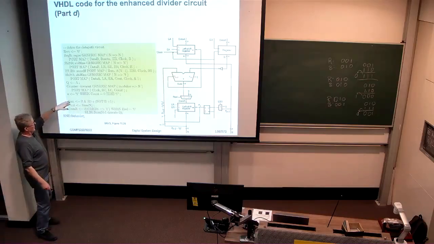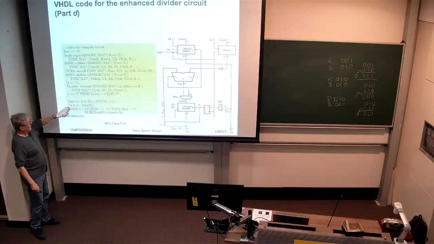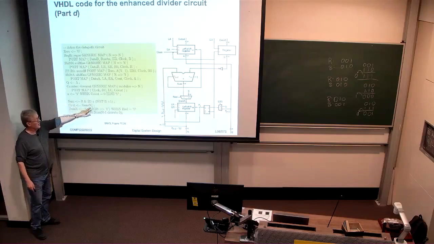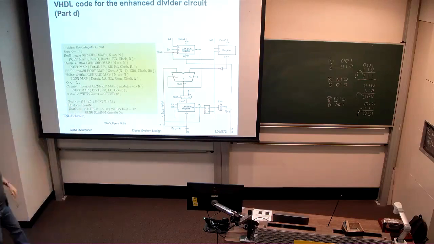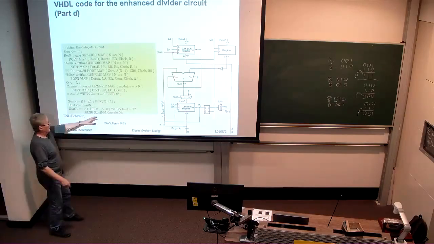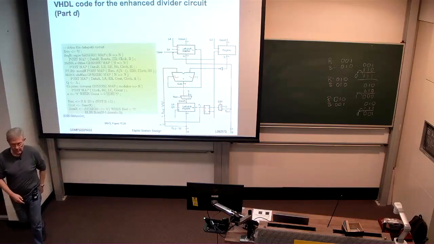So sum is an N plus 1 bit value where Cout is the most significant bit of that value sum. Finally, data R, which is the input to our R register, is all zeros when Rsel is 0, this guy here. Otherwise, it's the least significant N bits of the sum register.